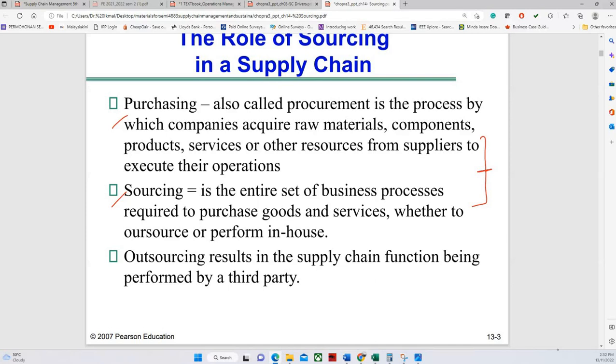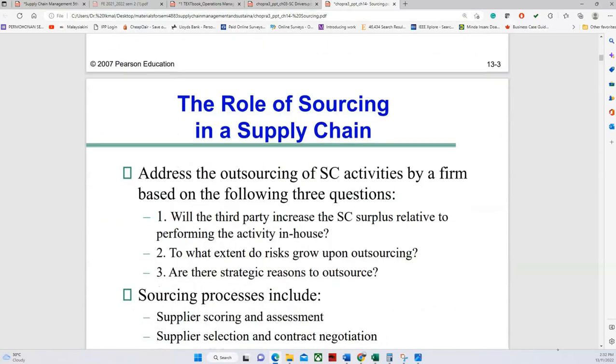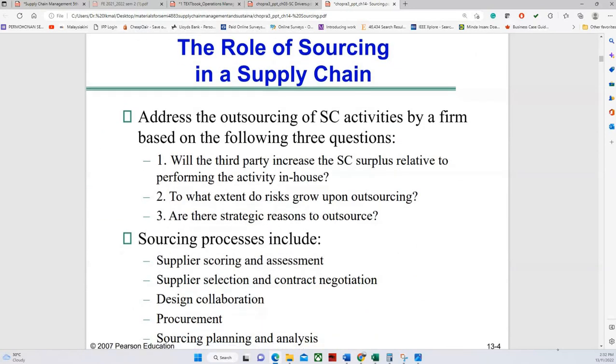Okay, right, guys. Then the rules of sourcing: supply chain managers address the outsourcing and supply chain activities of a firm based on the following three questions. If you want to address the outsourcing activities for your supply chain, there are three questions you have to ask.